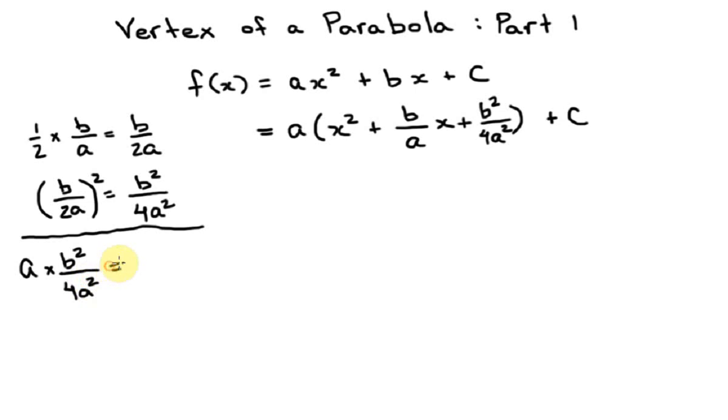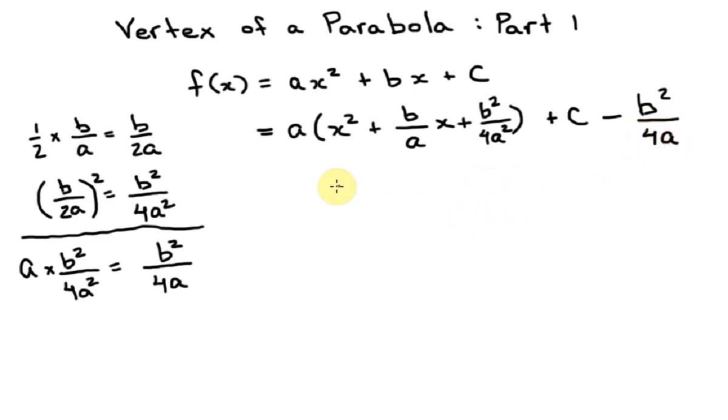If I simplify this a little bit, there's an a out in front that I can cancel with an a on the bottom. And that leaves me with b squared all over 4a. So this is what I put in. So that means I got to take one of those out to compensate. Okay, so b squared all over 4a.